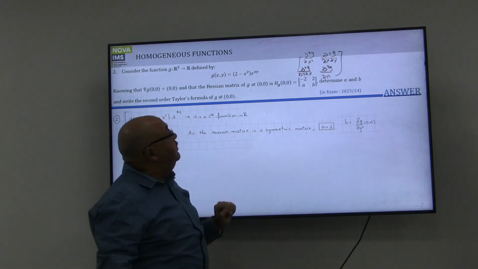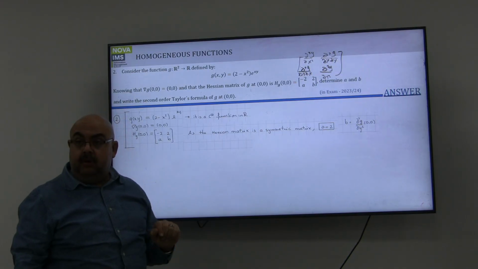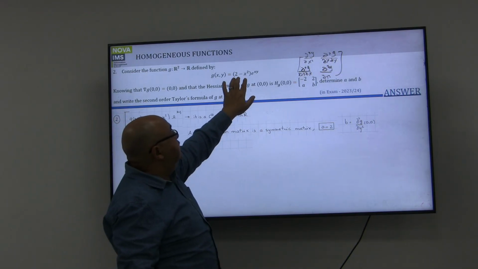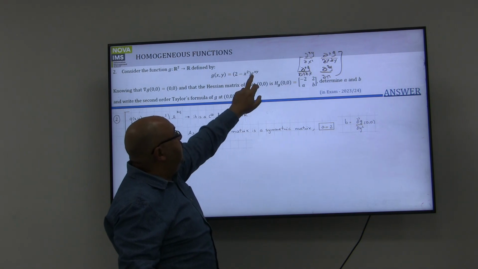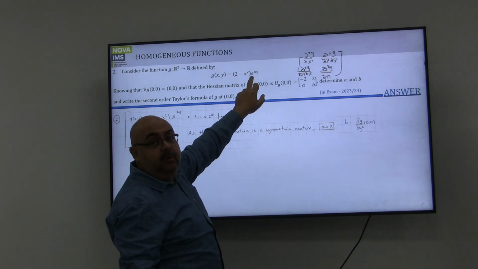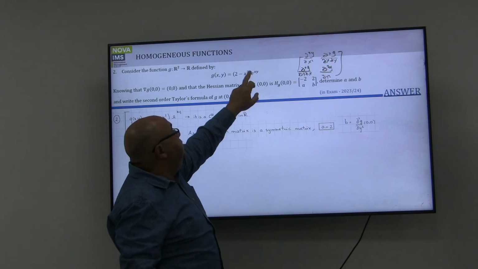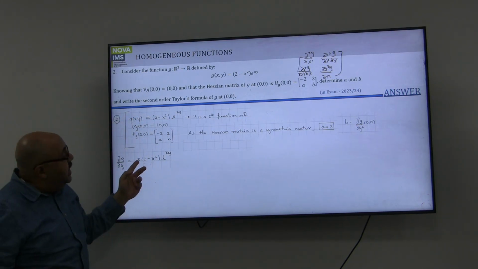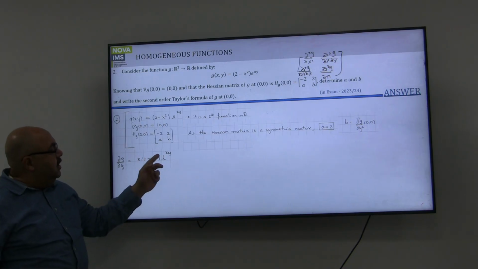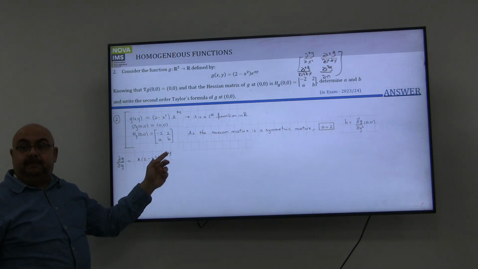The first derivative with respect to y will give you the first part, the 2 minus x squared will remain the same, but I will differentiate e to the power of xy with respect to y, which means x times e to the power of xy, as you can see. So it's x times 2 minus x squared times e to the power of xy.